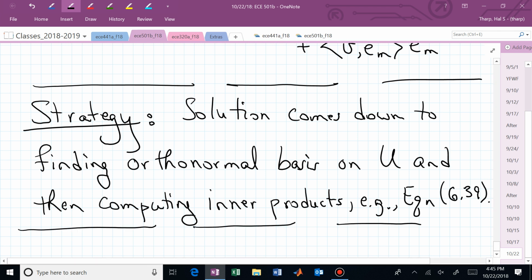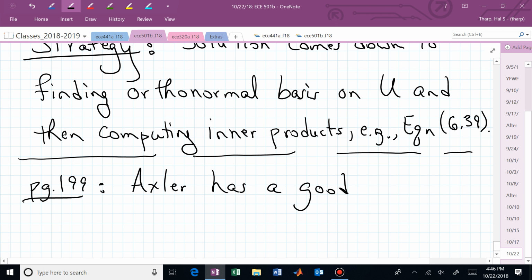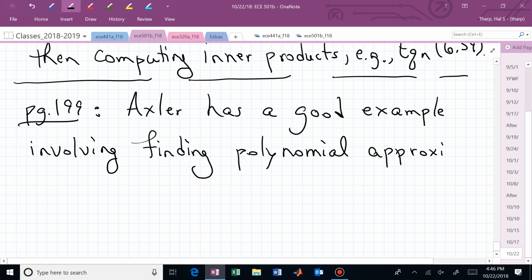You might look at an example that is found in the textbook in Axler, page 199. Axler has a good example involving finding a polynomial approximation to sine of x.